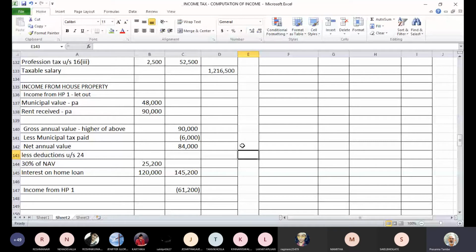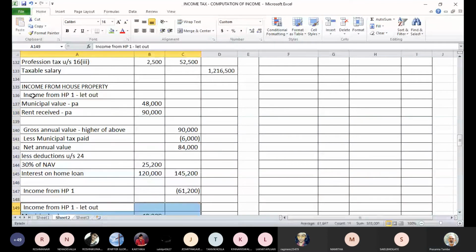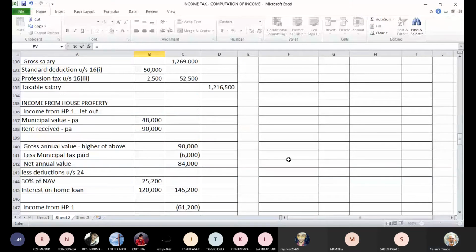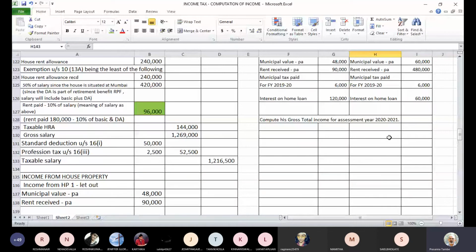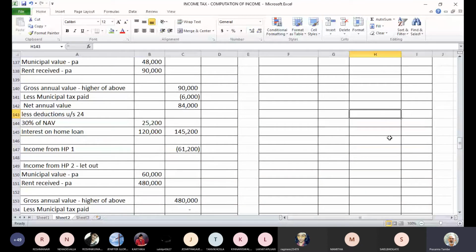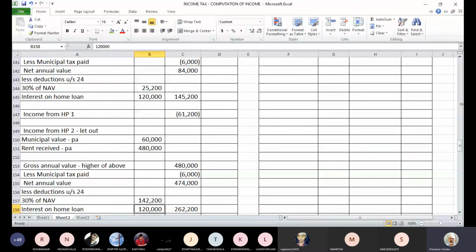Now, same way, we have to compute the income from HP2, which is also a let out property. So, writing the details.